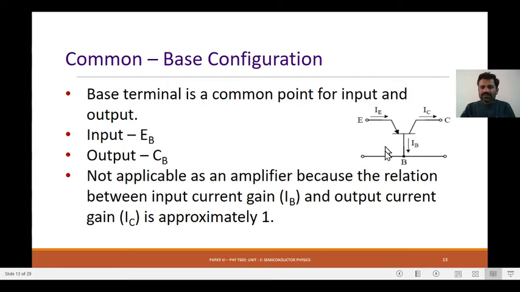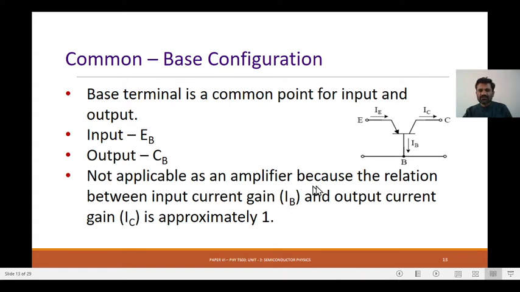And there is another one which is called a common base. The base terminal is the common point for input and output. The input is the emitter-base junction, and the output is the collector-base junction.